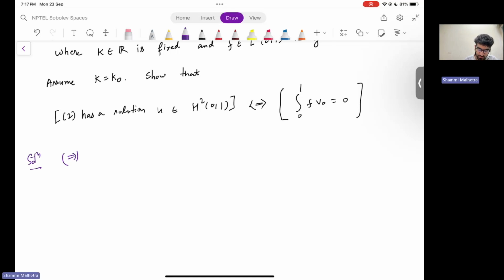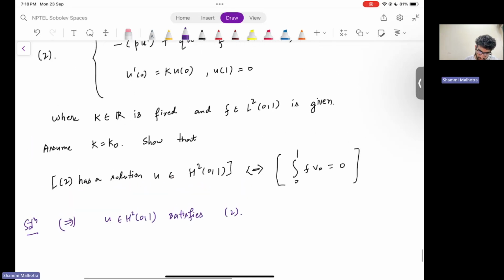So u satisfies this 2 in the weak sense as well. And so to prove this, we start that we have u belongs to H2 of (0,1) satisfies 2.